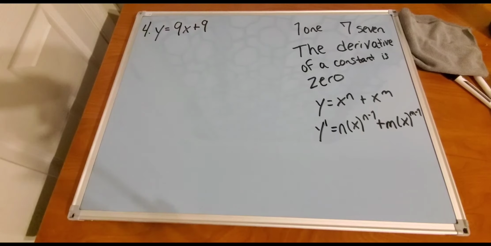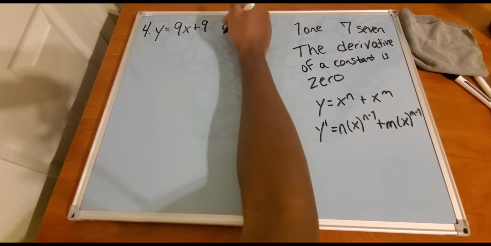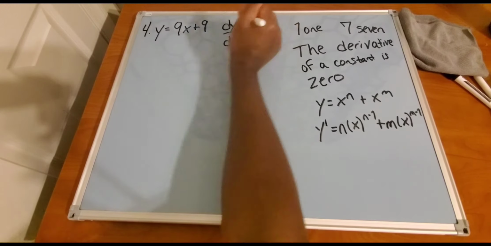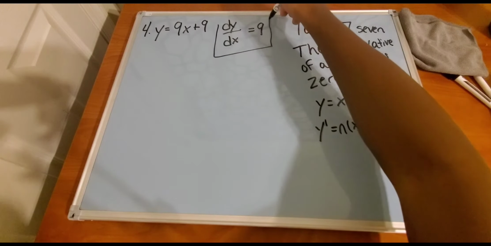Well, we know one of our handy-dandy rules of taking derivatives, as stated over there, the derivative of a constant is 0. So the derivative of this function, dy/dx, is equal to 9. And that is our answer for question number 4.